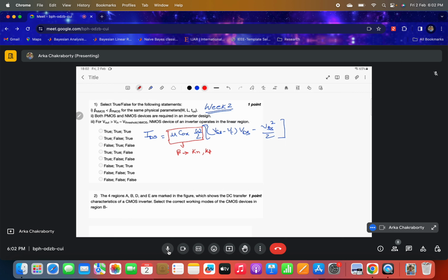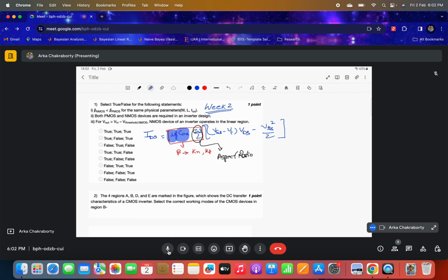Out of this term, W by L is also called the aspect ratio of a transistor. Why? If you closely see, mu and Cox are fixed for a given MOSFET. Once you have fabricated the device, it is fixed.